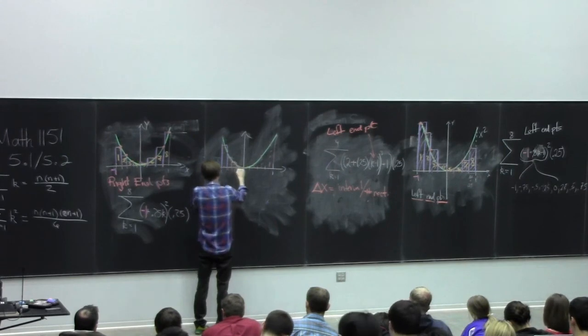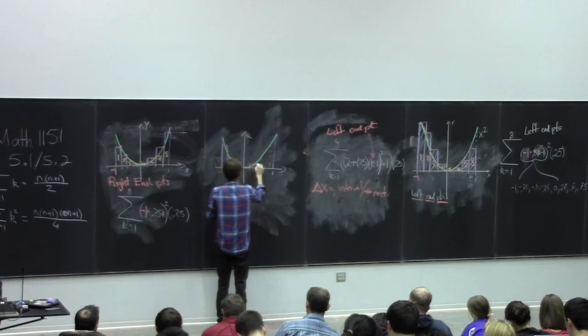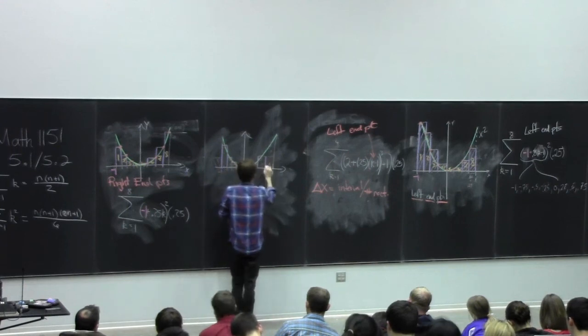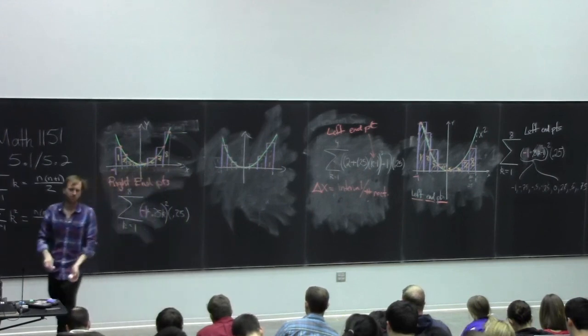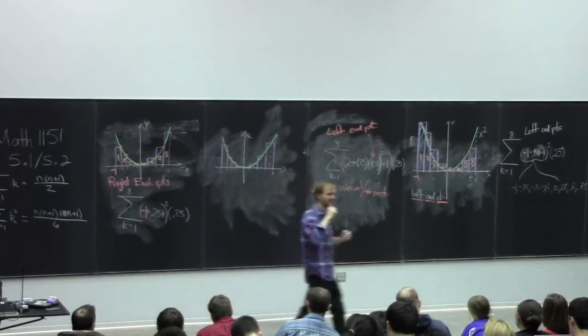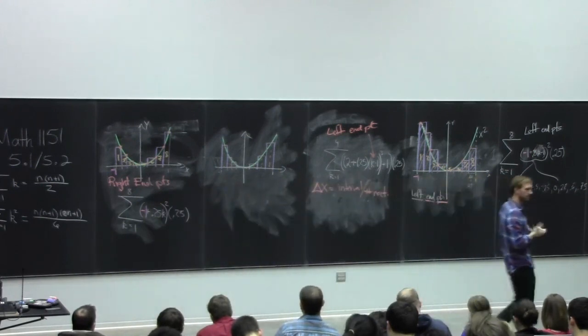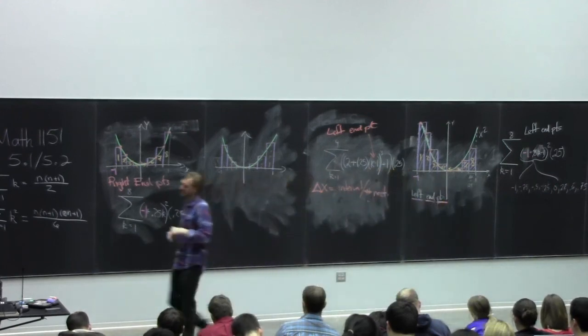Here's the rectangle. There's the rectangle. There, do you see how the rectangle passes through the curve at the midpoint of its side? Does that make sense? The Riemann sum is going to be very, very similar.